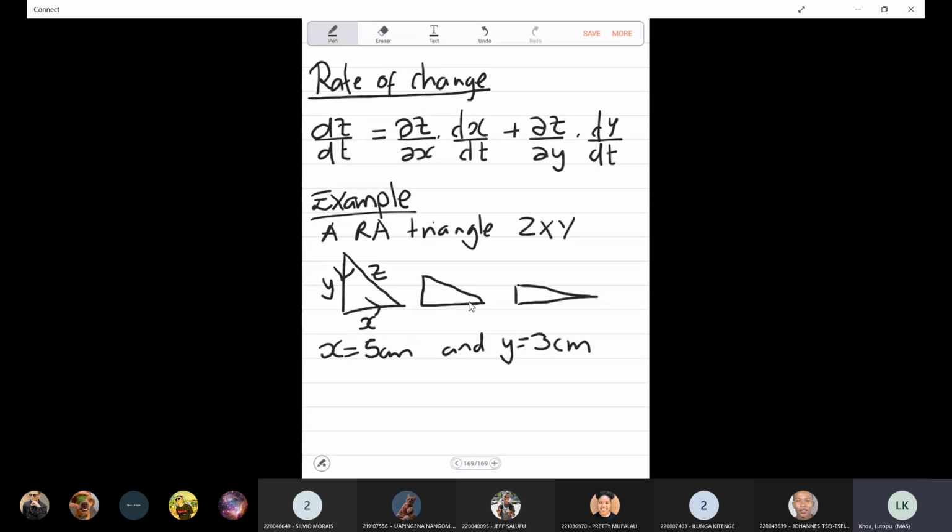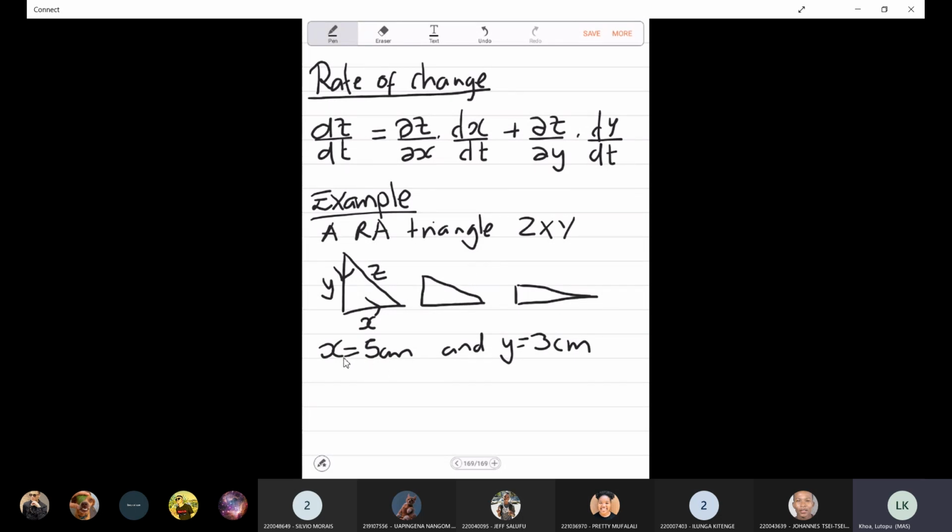We want to find out when x is 5 and y is 3, at what rate is the hypotenuse changing? Okay, so when you're given a question like this, if possible, draw a sketch just to illustrate what you are working with, have a better understanding, and then write down everything you're given.